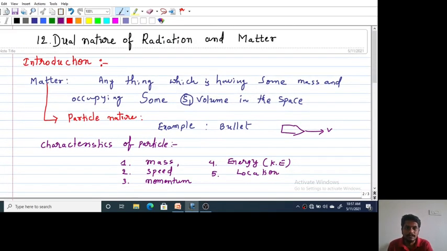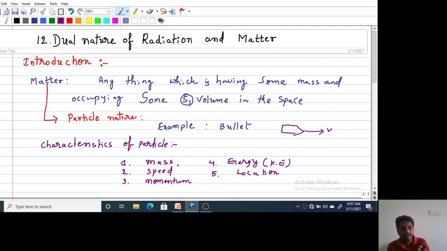We have discussed what is matter and radiation, and the two natures, particle and wave nature. In this chapter we are going to discuss the dual nature of radiation and matter. Sometimes radiation has a wave nature, but in the first half of this chapter, we prove with some experiments that radiation can also behave like a particle.